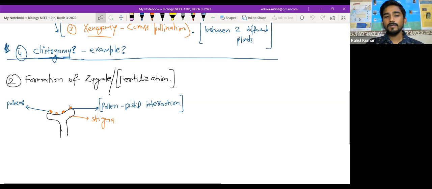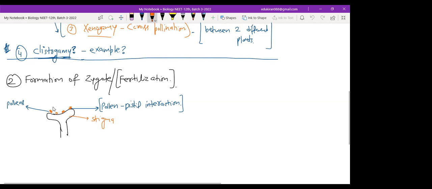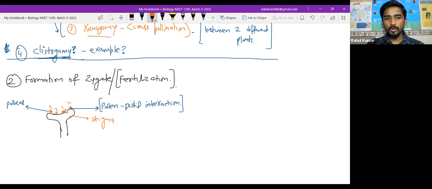So just see. So we know that pollens from all different species can just land on the stigma, right? So let's say this is from species 1, 2, 3, 4, all different species are there on the stigma, right? Now, all these pollens cannot fertilize with the egg cell.